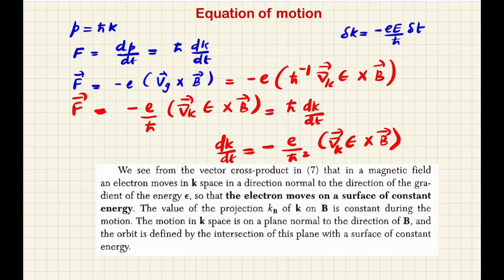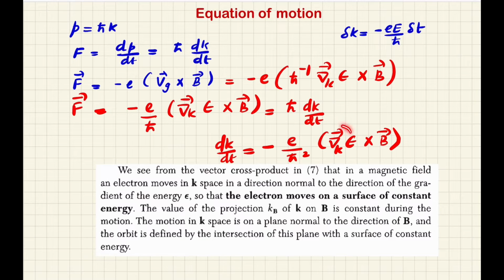It says that in a magnetic field, the electrons move in k space, okay, in a direction which is perpendicular to the gradient of epsilon as well as perpendicular to B. Okay. So, you know what a gradient in the position space is. The direction of the gradient is given by the direction of steepest ascent, or steepest rate of change in the function.